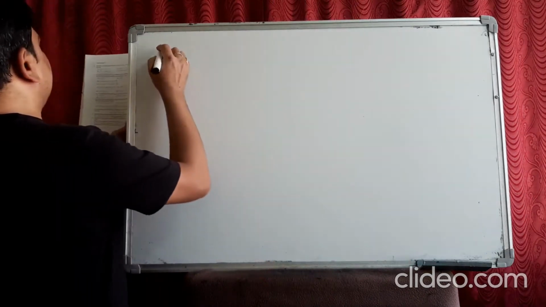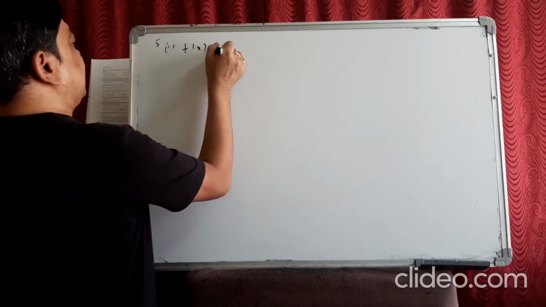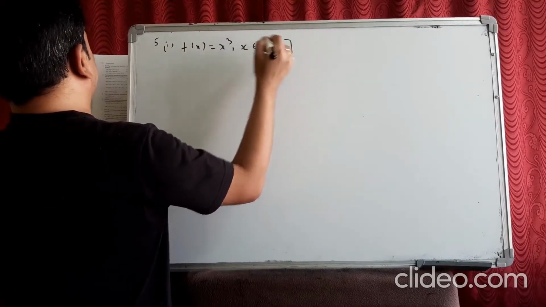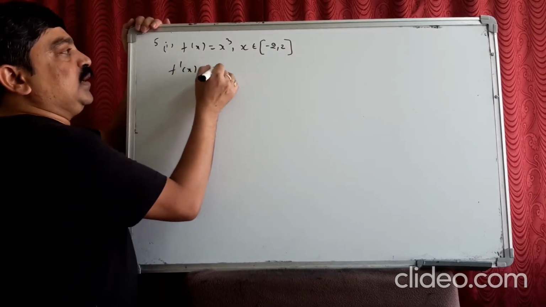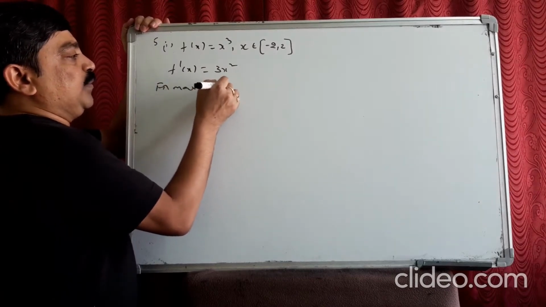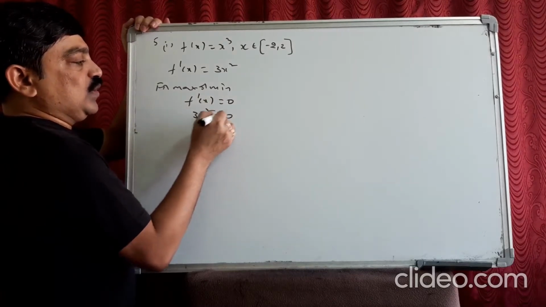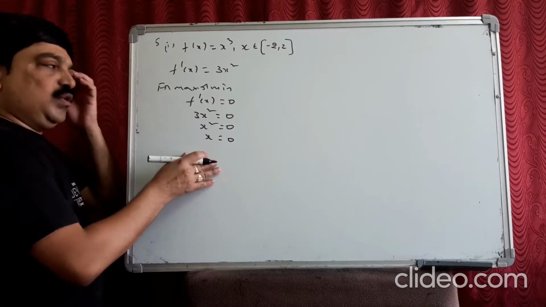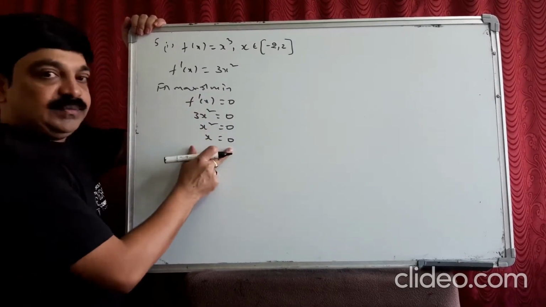I'll teach you. See the first question of fifth. f of x is equal to x cube. We don't do double derivative when you have something like closed interval here. We do first f dash x as usual, 3x square. For maximum or minimum, f dash of x is equal to 0. 3x square is equal to 0. x square equals 0. You will have some one value or you may have 2-3 values also. Then what you do? We take this one.